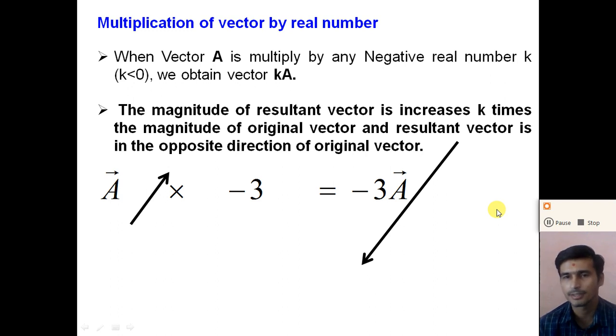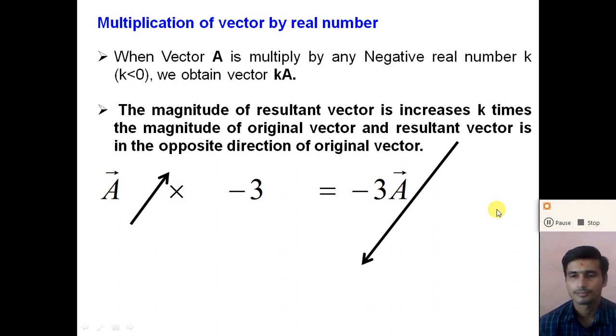But if the real number k is negative, the resultant vector is in the opposite direction of the original vector. Now if the real number k is greater than 1, the magnitude of the resultant vector increases, and if k is less than 1, the magnitude decreases, right?